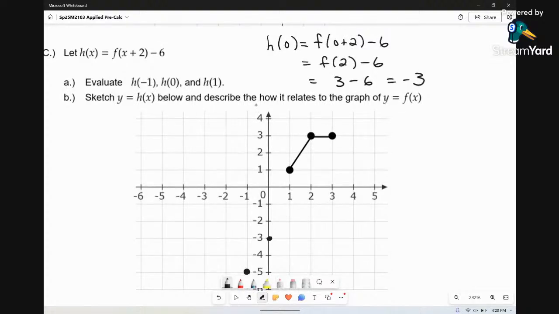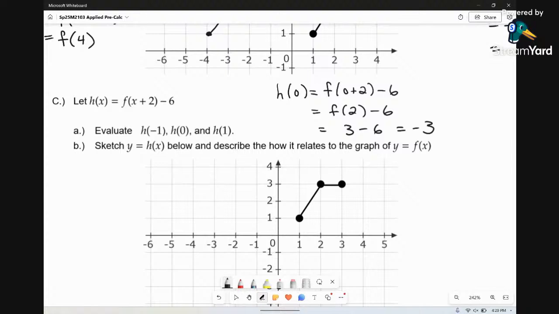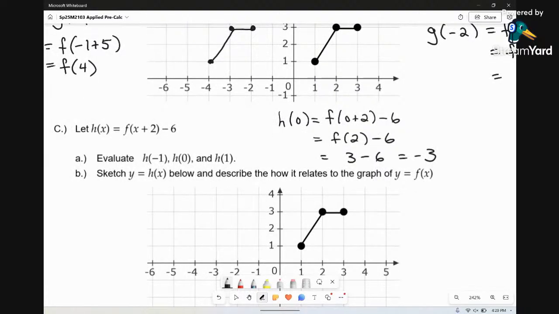Where did that 3 come from? Yeah. That's a good question. Where did that 3 come from? The function of 2 is 3. So h of 0, you sub in a 0 here and here. Good with that? And now 0 plus 2 is 2. And did we actually answer this? Is this one of the questions?